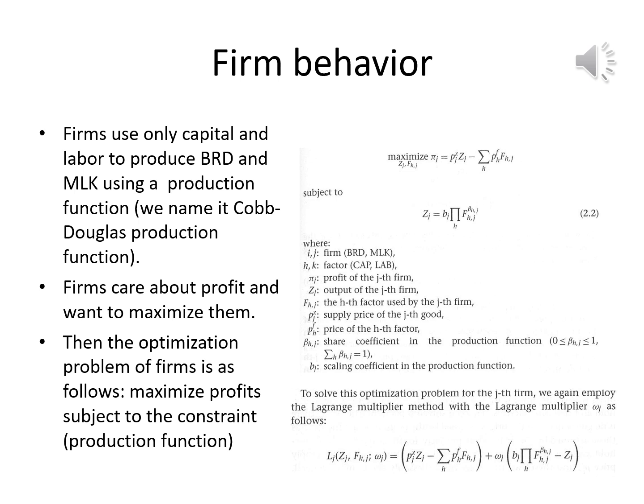What the constraint is: Z is production, production of J, where J is either bread or milk. In the production process, the firm is using capital and labor, which is FH, F sub H. These are production factors.